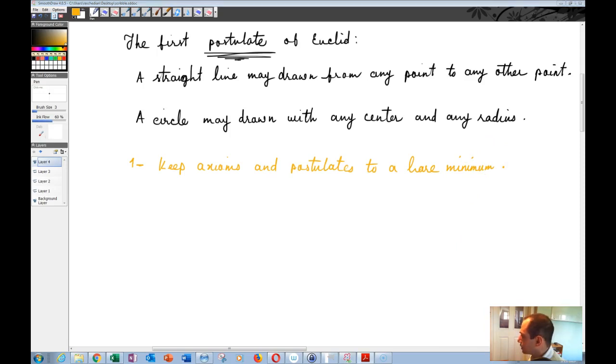And the second thing, number 2, we make sure that axioms are consistent.